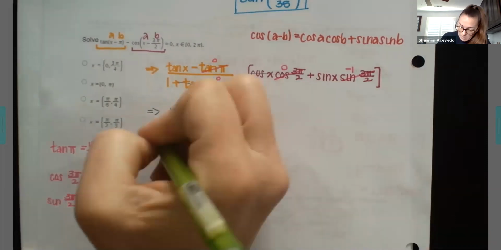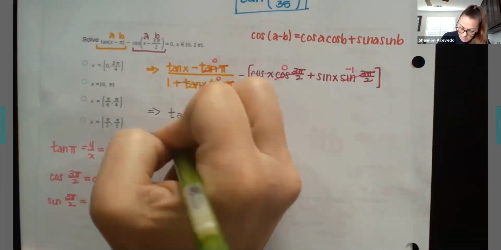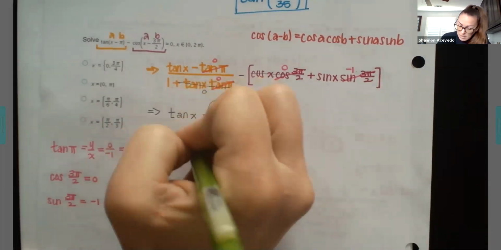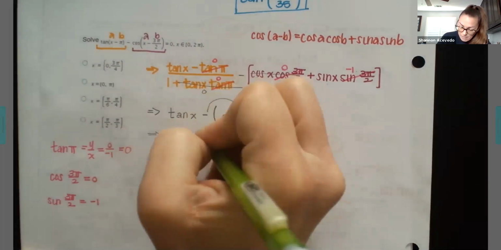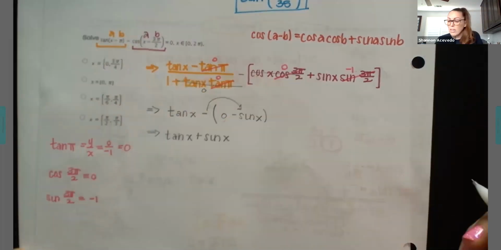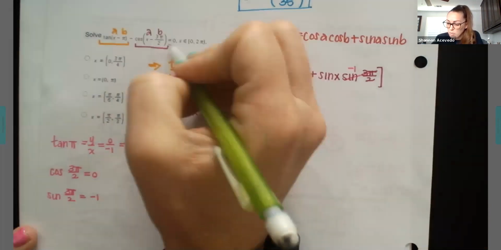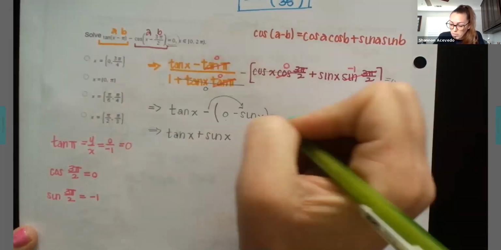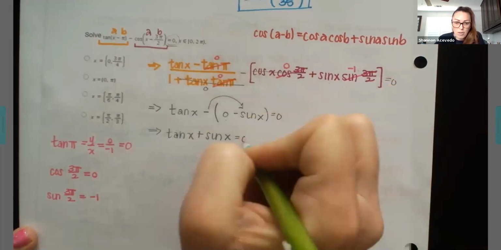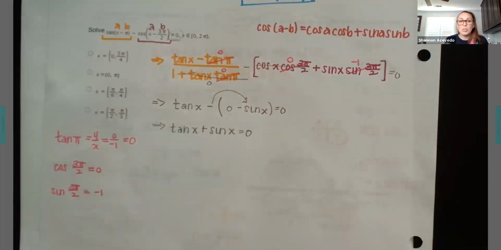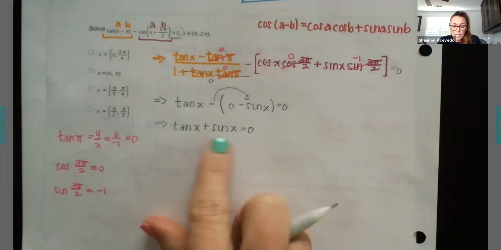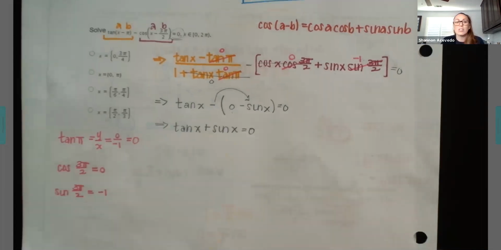So I get tangent of x plus sine of x. Okay, now here's the tricky part, because I didn't write that this whole thing is equal to 0. Remember that this is all equal to 0. And I'm asked to solve for x. My whole goal here is to solve for x. I simplified things and I have just this equation, but how do I solve for x?